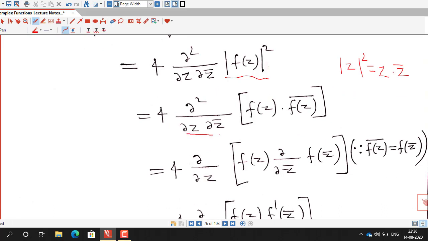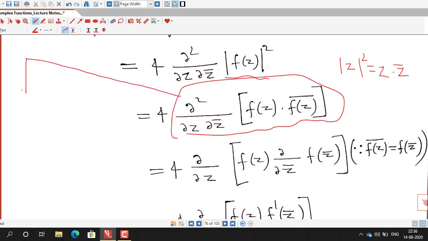Now here we have to first take partial derivative with respect to z bar. So first we write in this way, 4 into del by del z and del by del z bar of f of z into this.